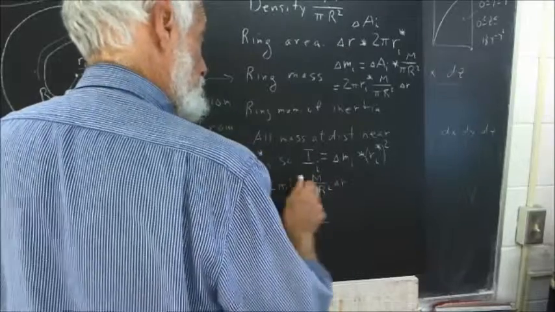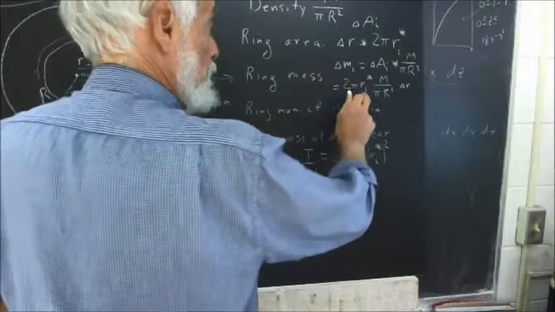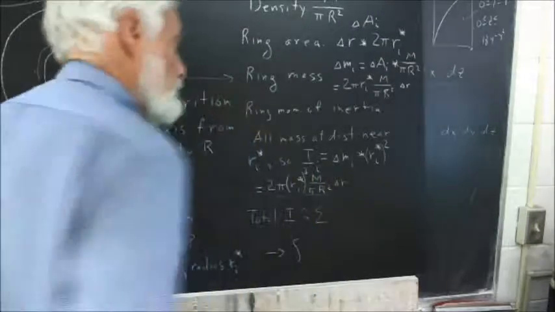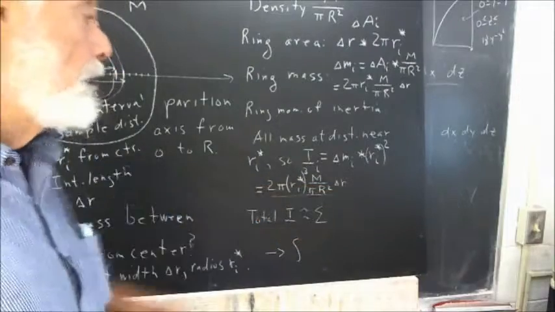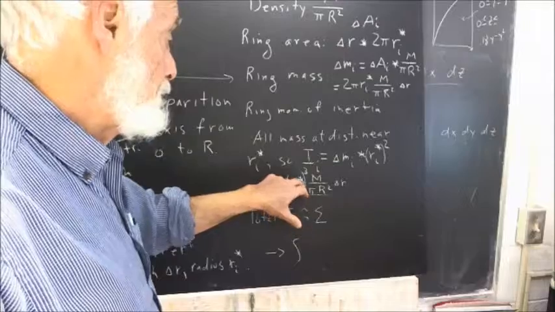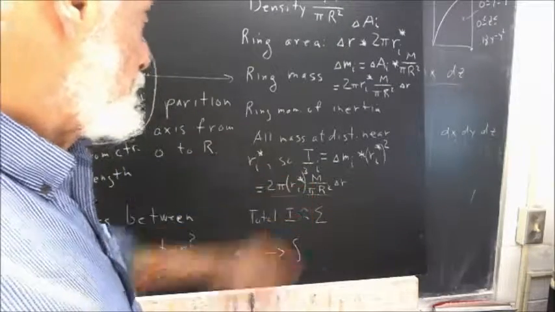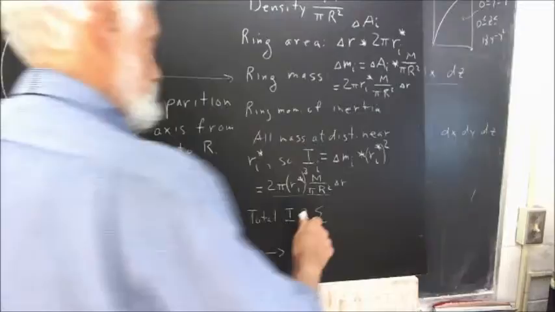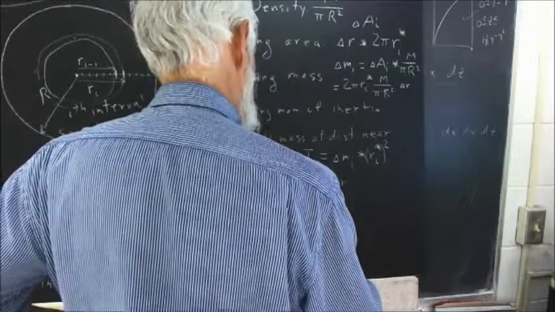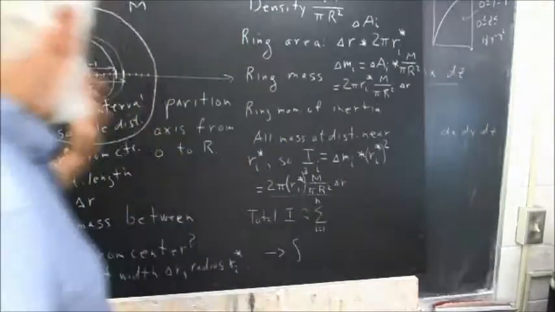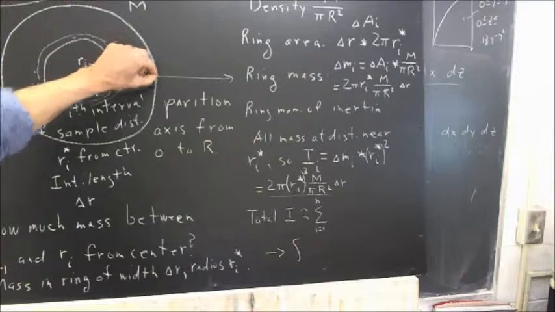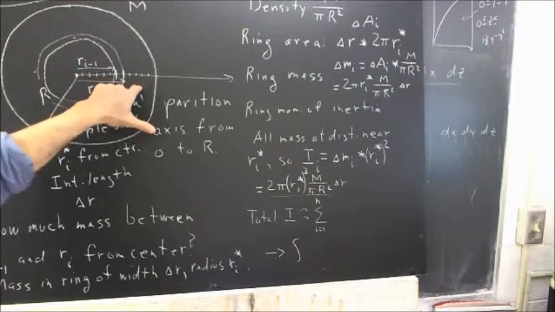That will be multiplied by the r sub i star that we get as part of the expression for the mass of the ring, so that we end up with an r sub i star cubed, so that the total moment of inertia can be written as the sum from i equals 1 to n, implicitly assuming we've partitioned the interval from 0 to big R into n equal subintervals.